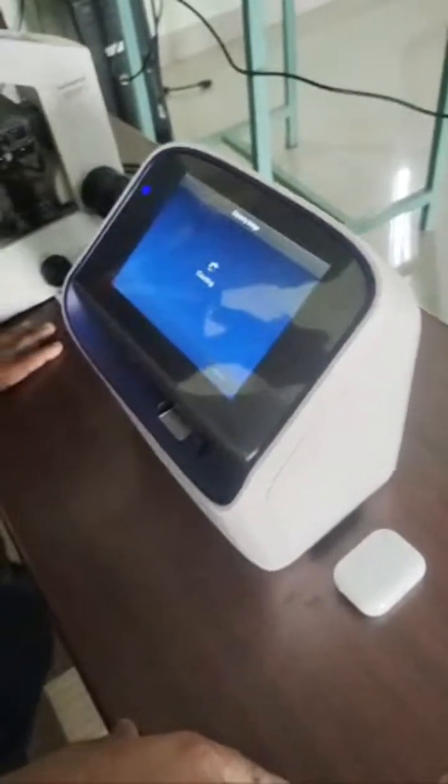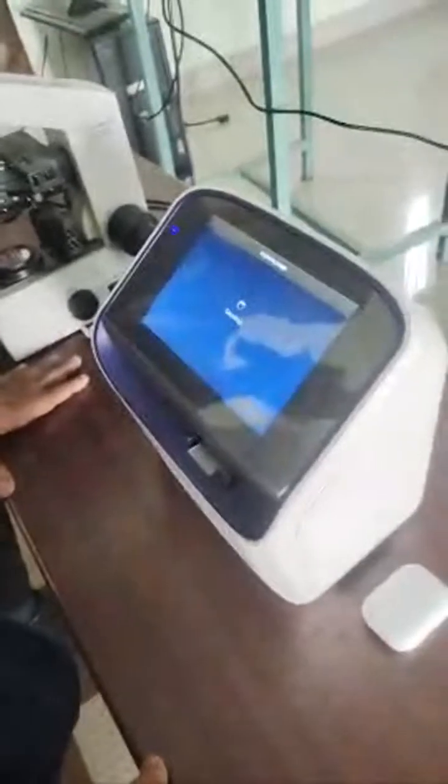So after bright field and focusing adjustment, we just give the method as count.